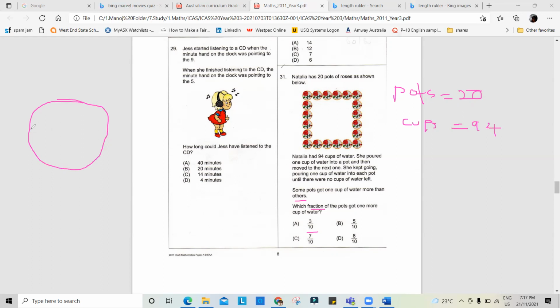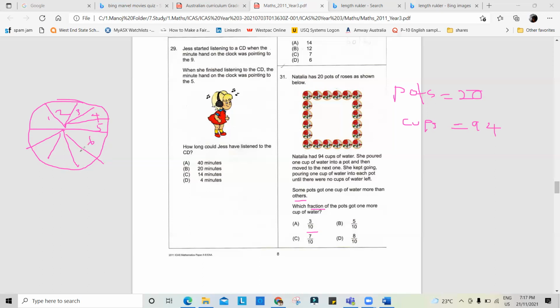If you divide the pizza into 5 pieces on either side, like 1, 2, 3, 4, 5, and say this is equal, my drawing is not good, and you cut another 5, 1, 2, 3, 4, 5. Right?